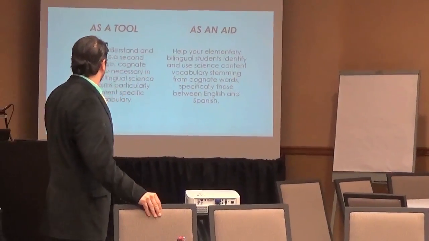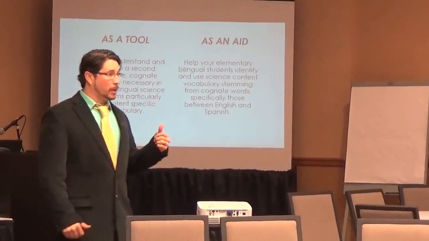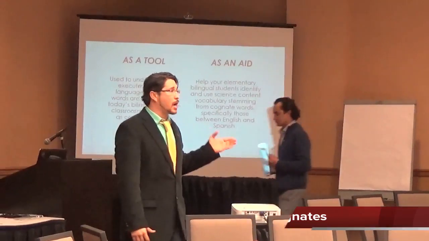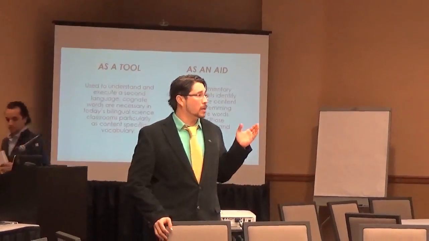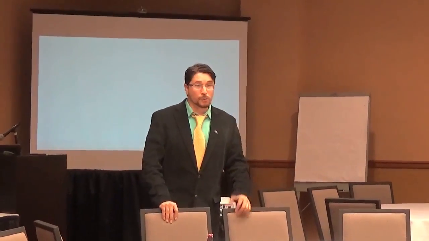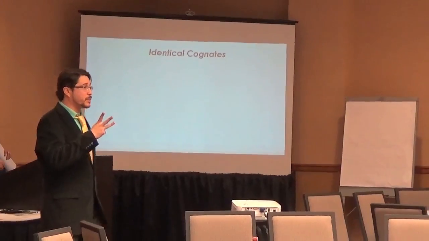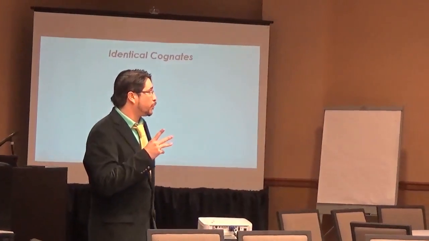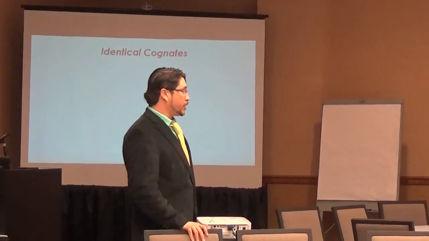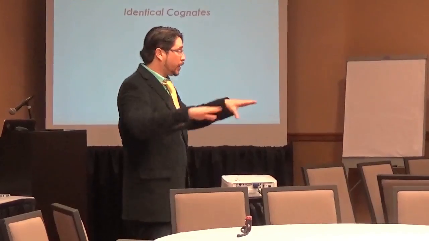And so our objective here is to help your students. There's over 20,000 cognate words that are considered academic vocabulary words. Using these, there are three types of cognate words. The first one is identical, also called true cognates. These are orthographic similarities.